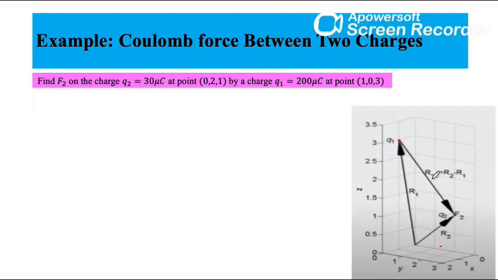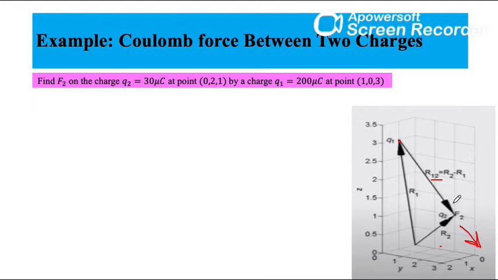I define that as r12, a vector which starts at q1 and ends at q2. This is the direction of the force. So I have a position vector r1, and a position vector r2 for charge q2, and r12 is the vector starting at q1 and ending at q2.